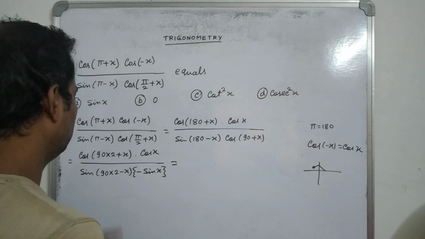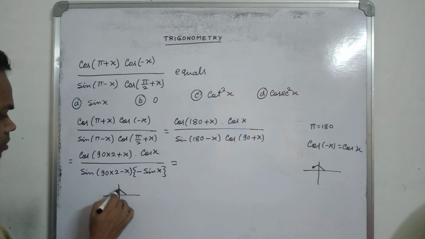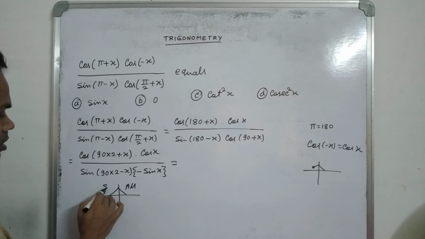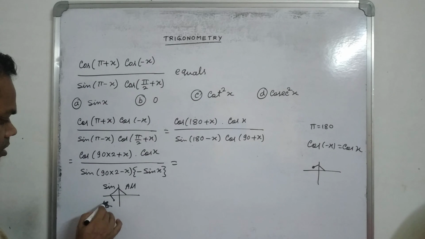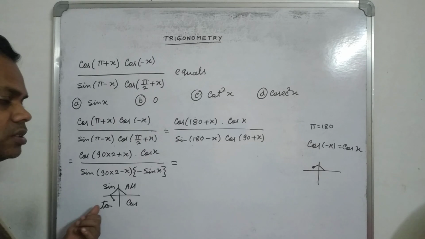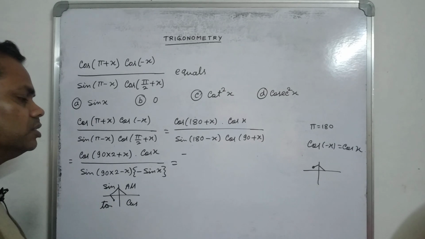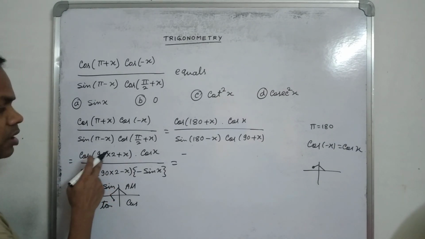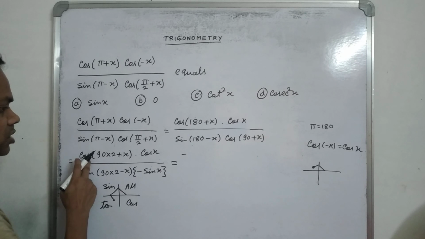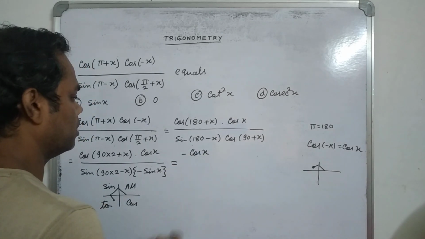In the next part, cos(90 into 2 plus x) lies in the third quadrant, where tan and cot are positive, so cos is negative, so there is a minus. 90 into 2 is an even multiple of 90, so cos remains unaltered, so this is cos x into cos x.